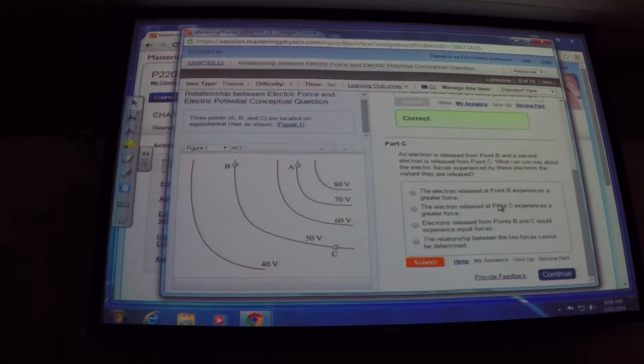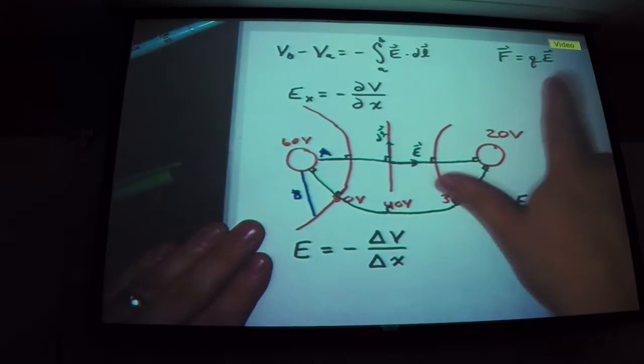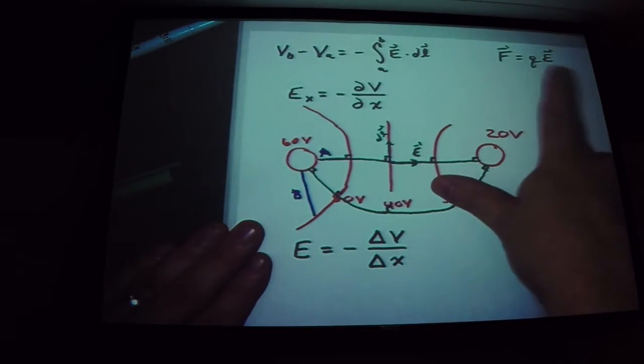All right, so it talks about greater or less force. Since they both have the same charge, in order to get more force, I need more electric field. Once again, going back to this formula right here, the force, same charge, I need a greater electric field.